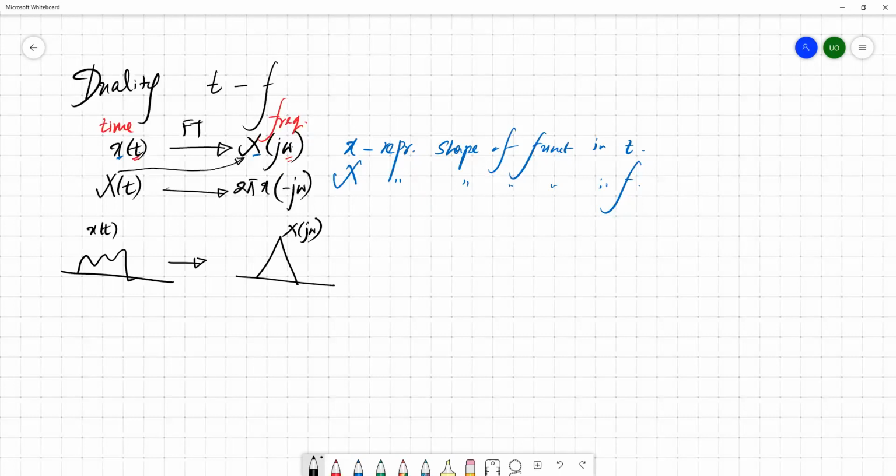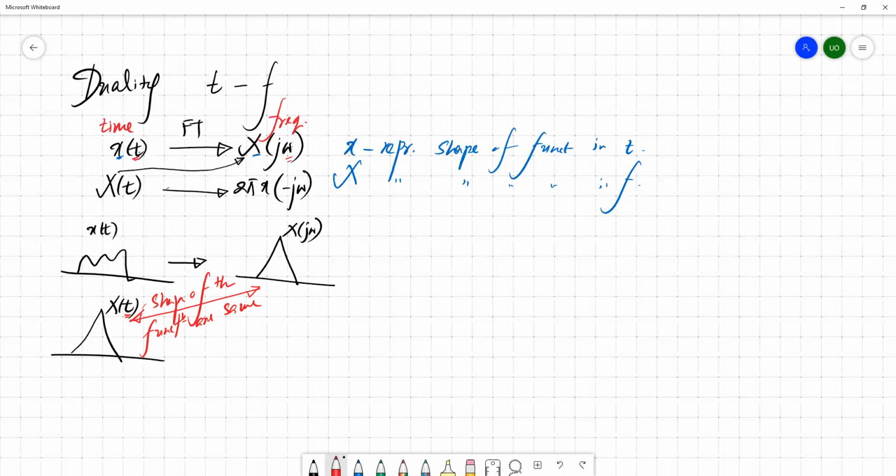This duality property gives an indication that if we have a time domain function like this, very similar to this capital X, the shape is the same. The shapes of the functions are the same, because x itself represents the shape of the function.